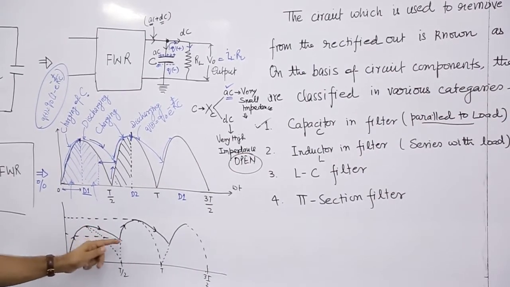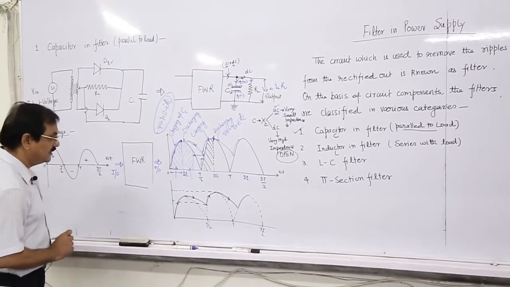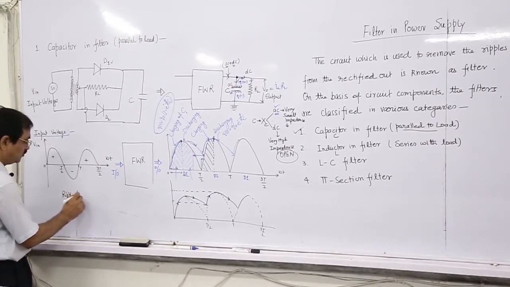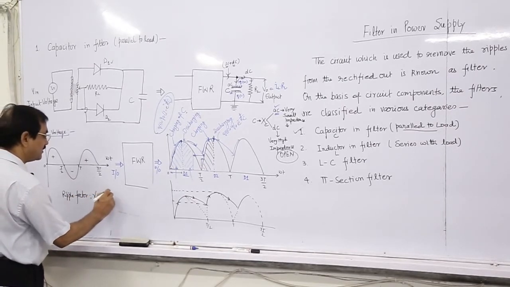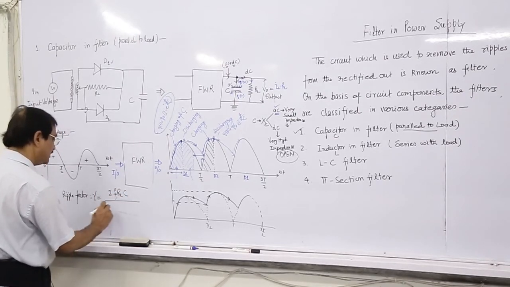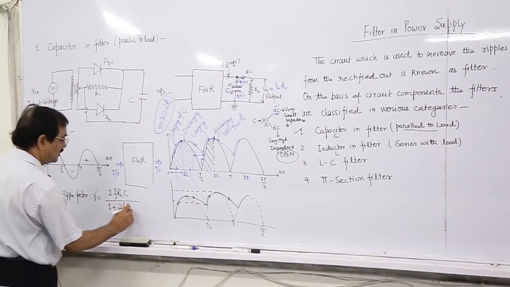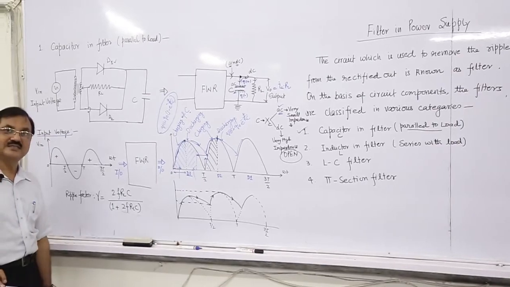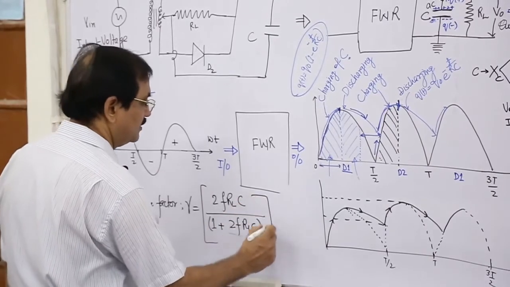So, this will improve the performance, and the ripple factor gamma is equal to 2 f R_L C upon 1 plus 2 f R_L C. This one is the ripple factor with this formulation.